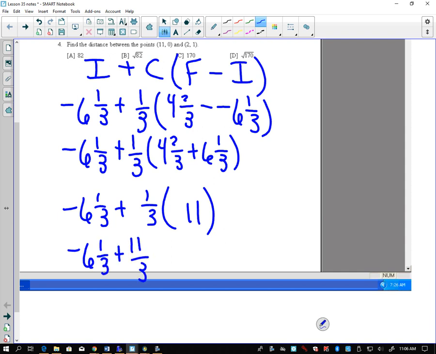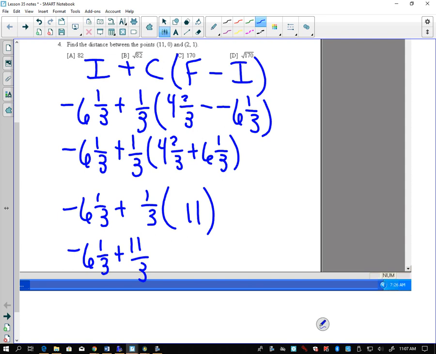Now, good. Because I'm dealing with between a mixed number and an improper fraction, I need to get them into the same format. Because I'm dealing with negatives, I want both of them to be improper, right? Okay.